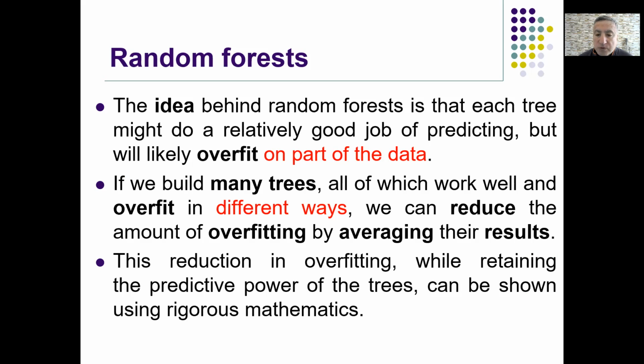This reduction in overfitting, while retaining the predictive power of the trees, can be shown using rigorous mathematics, but due to our scope, we will not go into the details of this mathematics, but I will try to give you an insight into how they work, how they interact with each other.